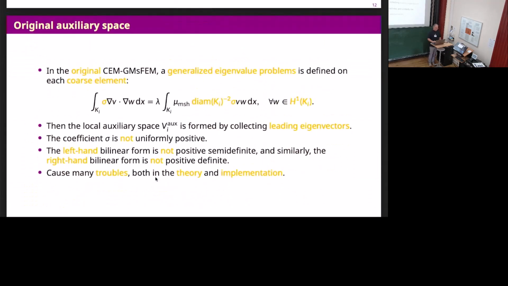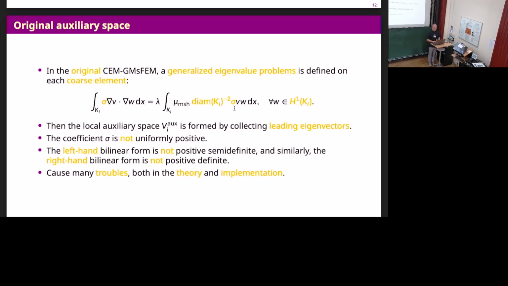Now, let me mention that in the original version of this generalized multiscale finite element method, we consider this local spectral problem for each coarse element K_i. Okay? So you see that the left-hand side is this bilinear form for the elliptic PDE, and then the right-hand side is some type of weighted inner product.